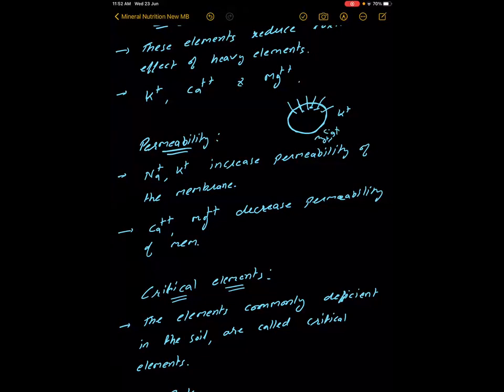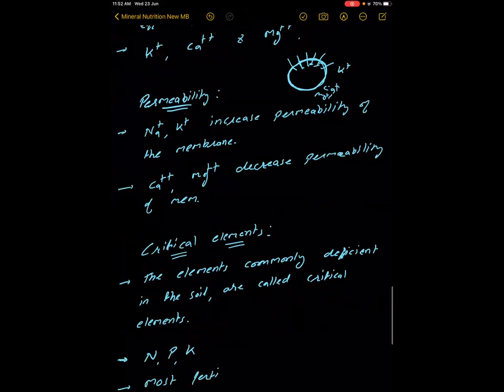Opening and closing of stomata is also an example. Opening of stomata makes it more permeable for water. Water enters the guard cell, so permeability increases, the cell becomes turgid and the function becomes fast. Yes, sir, got it. So this is permeability.